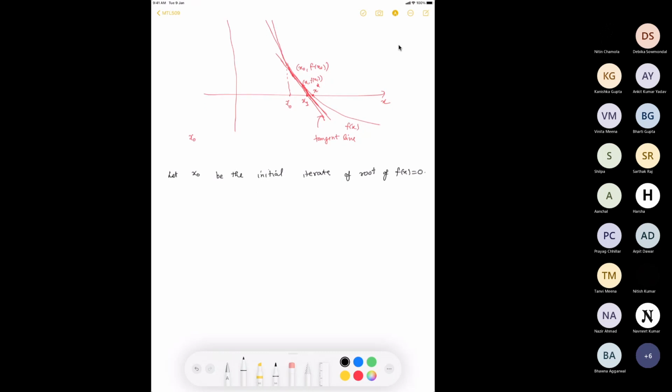Okay, and let's consider the tangent line at this point, x naught, f(x naught).